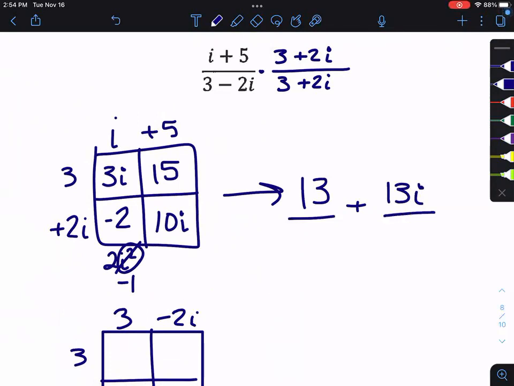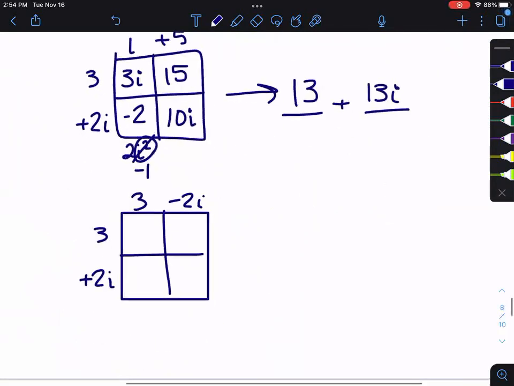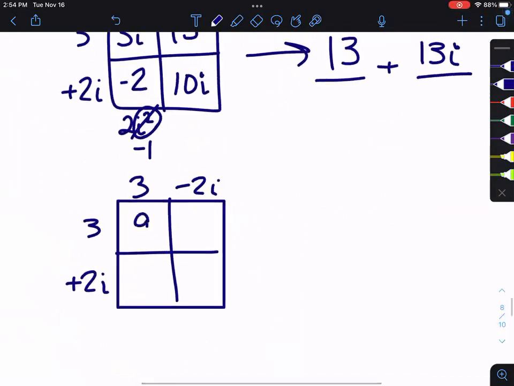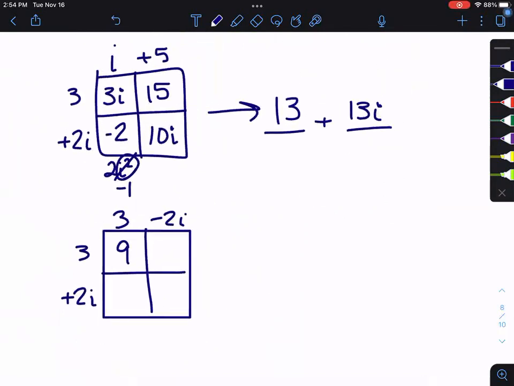Then remember, we're going to divide both of these terms by the denominator. To find my denominator, we're going to take 3 times 3 to get 9. -2i times 3 to get -6i. 3 times 2i to get +6i. -2i times +2i to get -4i squared. i squared gets replaced with -1. -1 times -4 is +4.